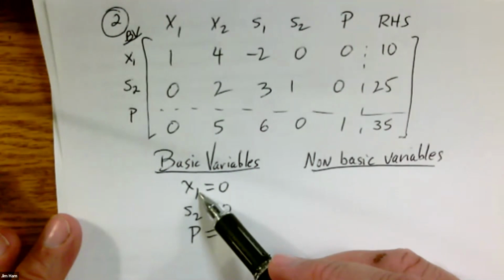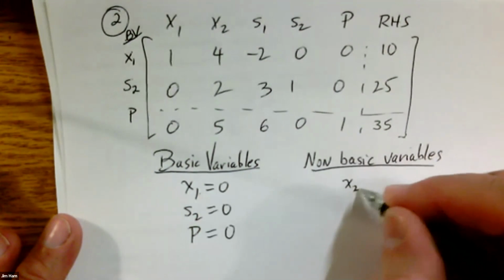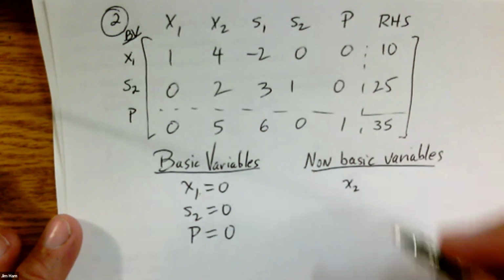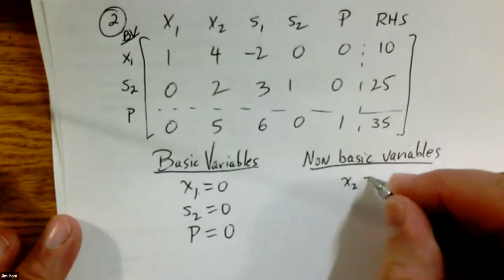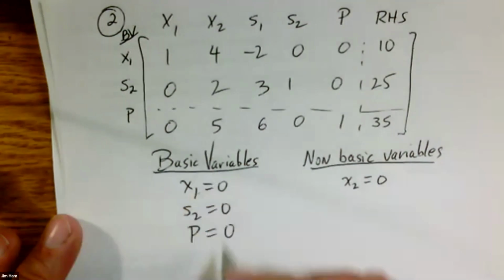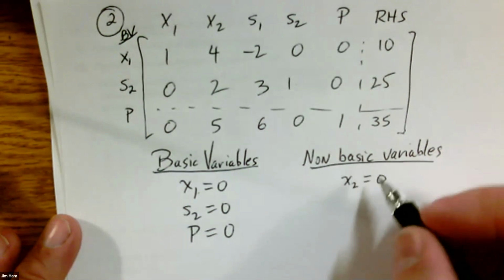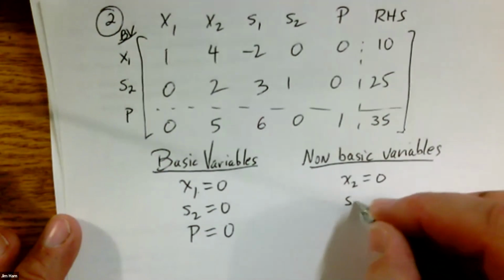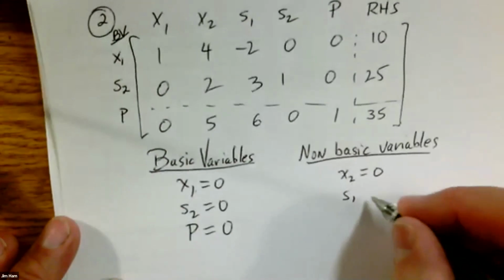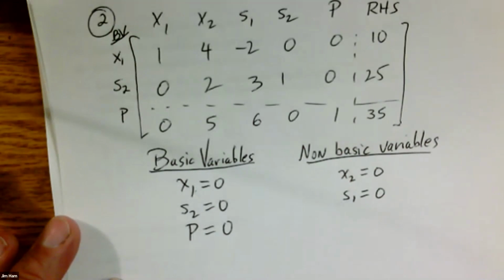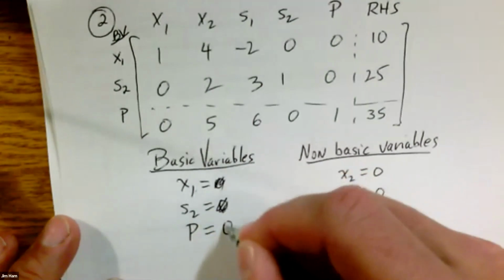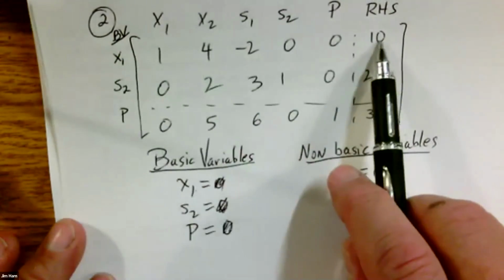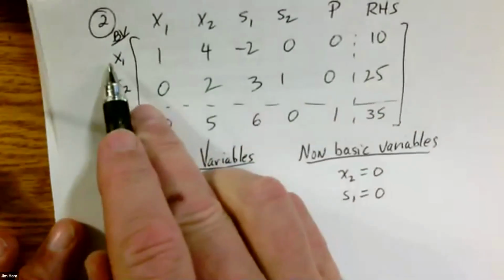Oh, sorry, the non-basic variables are the zeros. I'll show you how to find the basic variable values in a second. The non-basic variables are x2 and s1, and both of those are 0. For the basic variables, what you do to find the value is you go all the way over here to the right-hand side. So the basic variable here is 10.